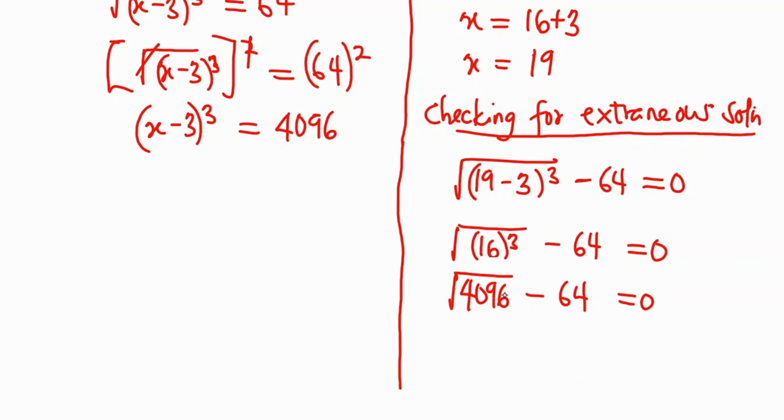Now square root of 4096 is nothing but 64, and we have minus 64, and clearly you can see that 64 minus 64 gives us 0, which is definitely equal to 0.